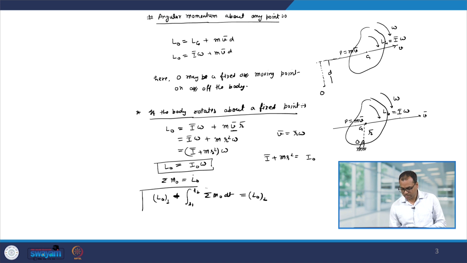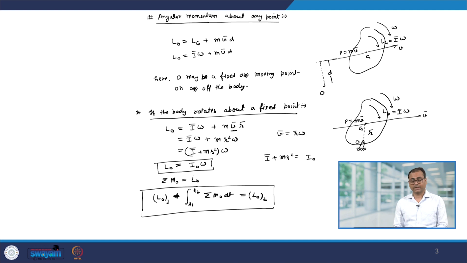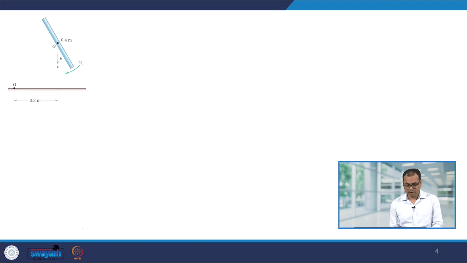So, this is the equation of impulse momentum about the point O. Now, based on this, let us look at some problems, and the first problem statement is the following.